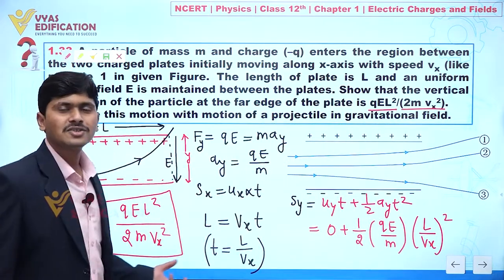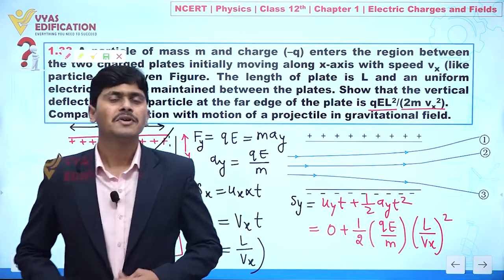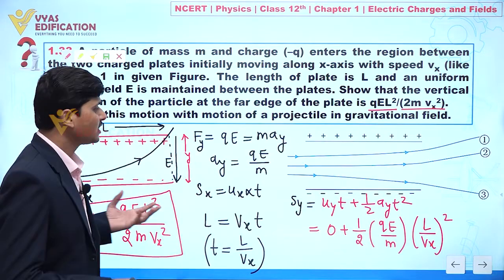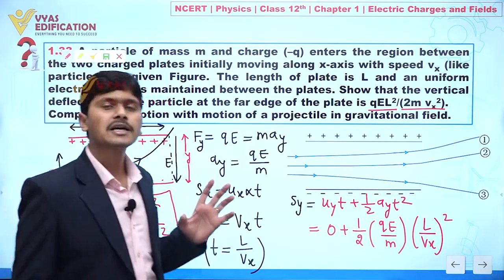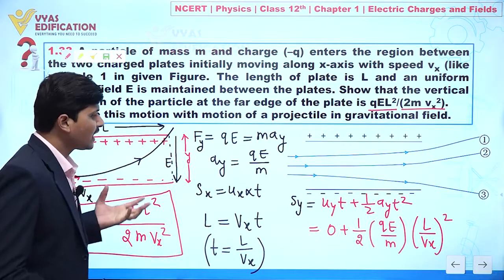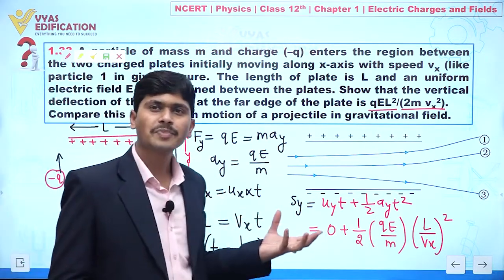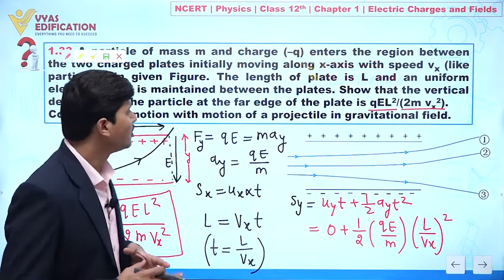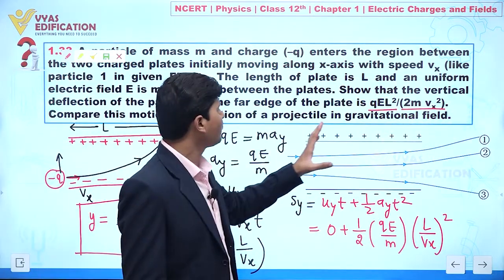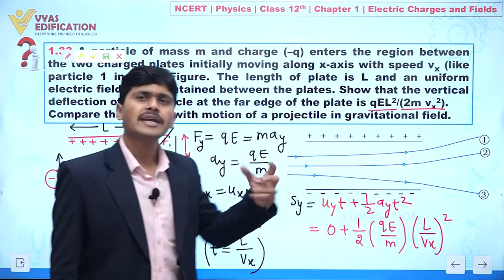Clear to everyone? So like this you can apply the concept of motion in a straight line. Yes or no? Or actually this is a motion in a plane, because the particle is going in the x direction as well as in the y direction. Clear? So actually you can assume it's just like projectile motion. Yes or no? And definitely we can compare this motion with a projectile in a gravitational field.